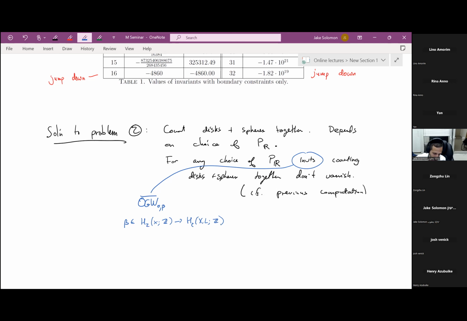And also, if you don't come from a spherical class, an absolute homology class, then you cannot collapse the boundary either. So the other invariants don't reflect this, but in previous computations, the moment you have no boundary constraints and beta is in the image of this map, the invariants always vanish. But in this case, the Chiang Lagrangian, they don't vanish. So I guess I'm out of time. Thanks for listening.